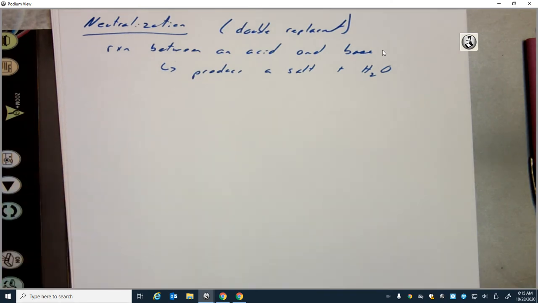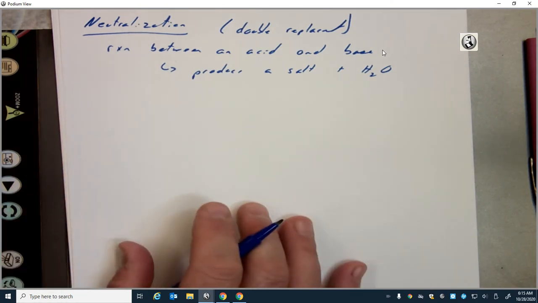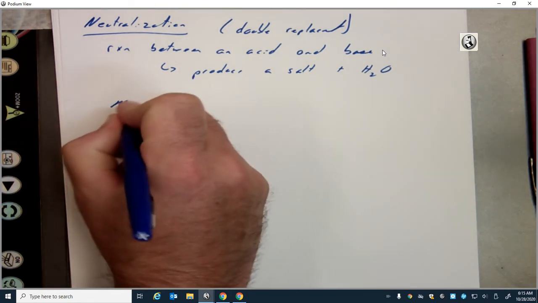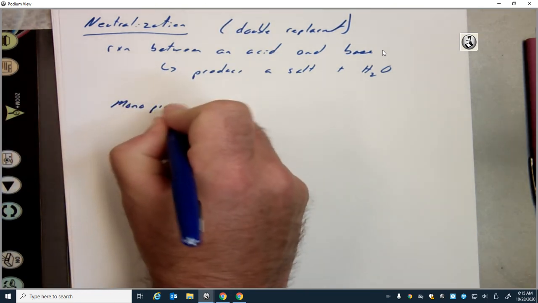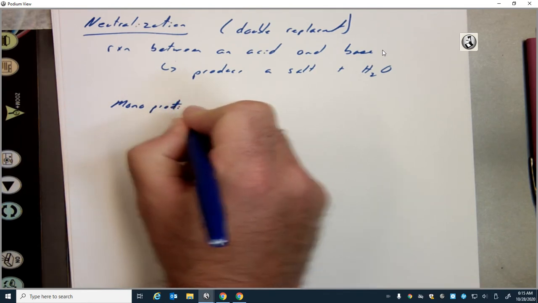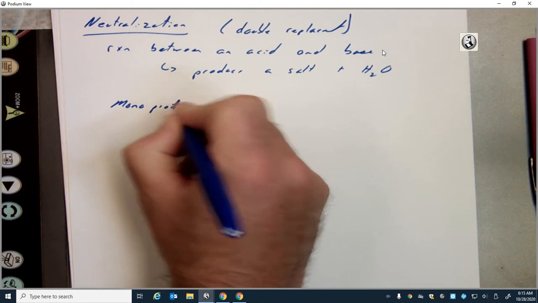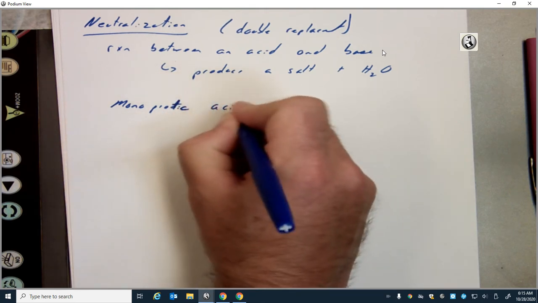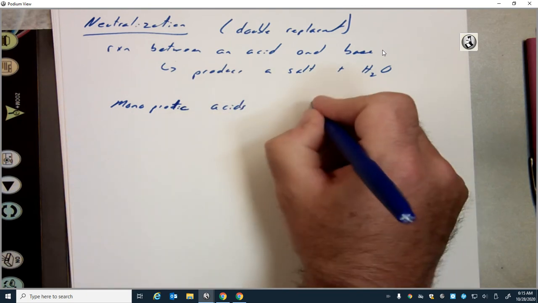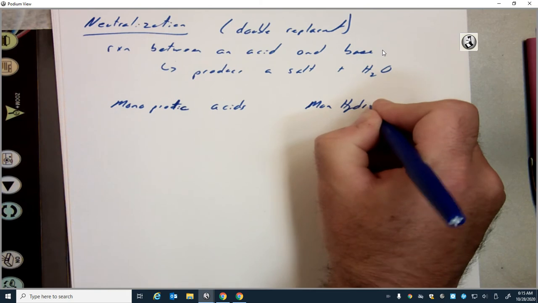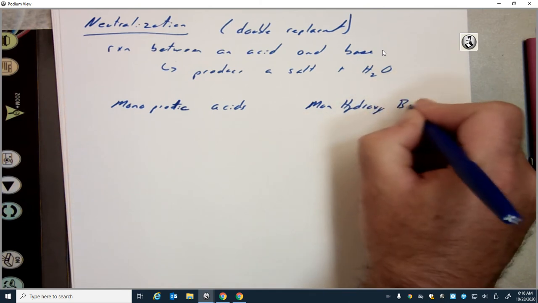Now, there are a couple types of acids and bases I want to quickly talk about. All right, so we have monoprotic acids and monohydroxy bases.